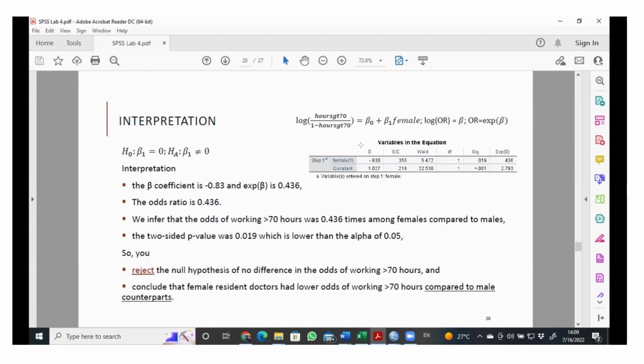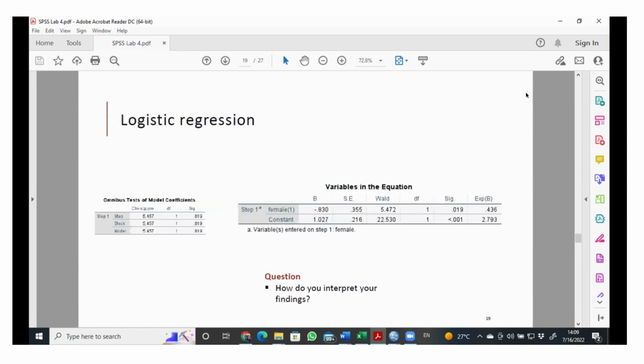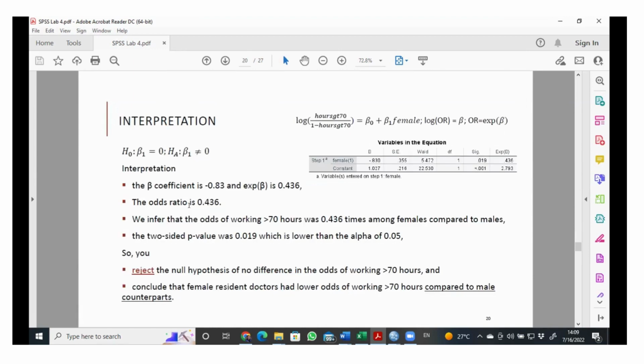The last one is the important thing here. It converts your beta coefficient to an odds ratio, which makes more sense, more meaning, right? So we have an odds ratio of 0.436. So this would mean that the odds, now listen to the words I'm using very carefully.